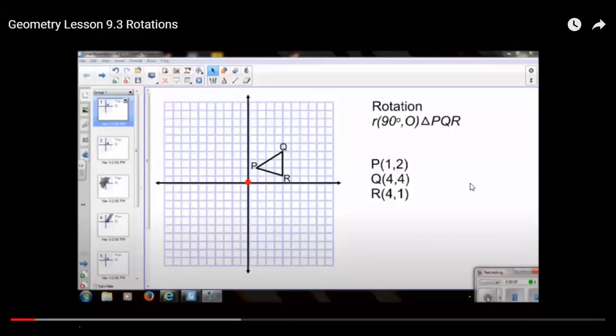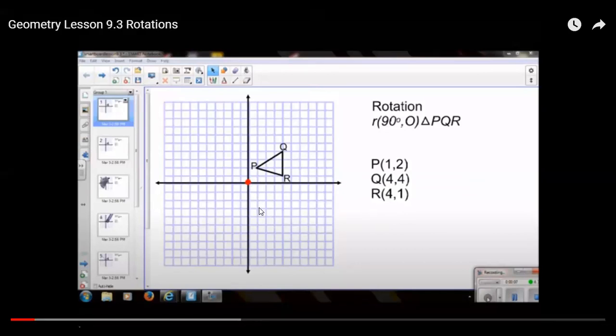It is a type of transformation, and I'm talking about rotation, so we have to say the word turn. It turns a figure around a given point called the center of rotation. The image has the same shape and size as the pre-image. So now we are going to study angles, and how we can turn the figure around the origin point.